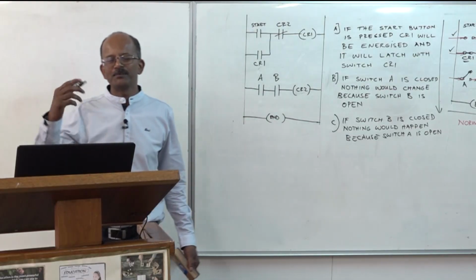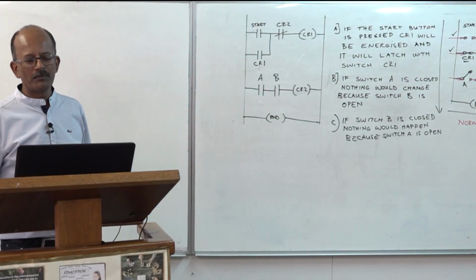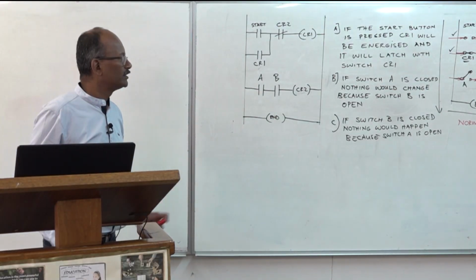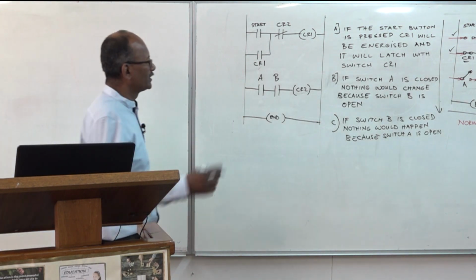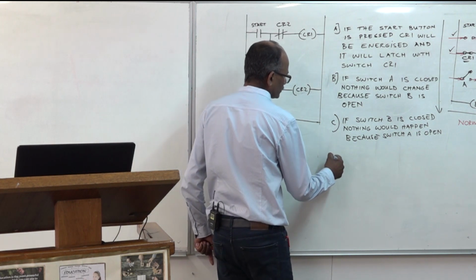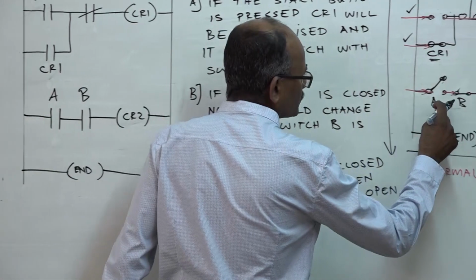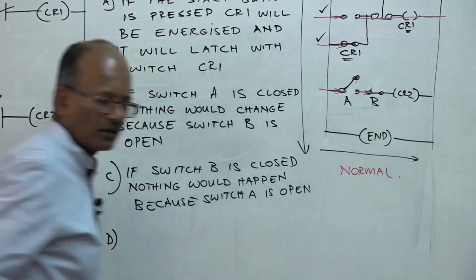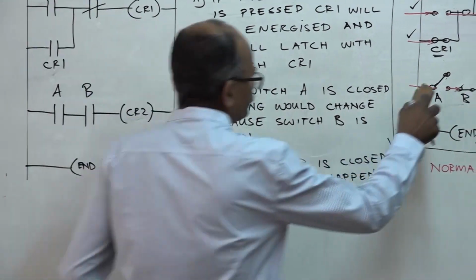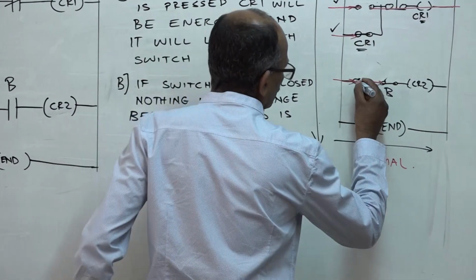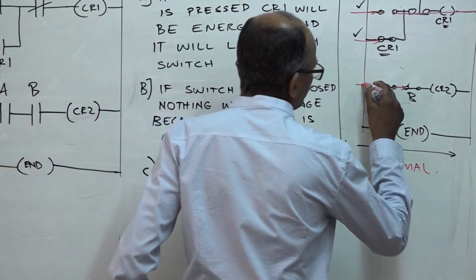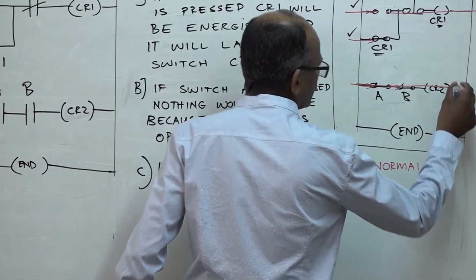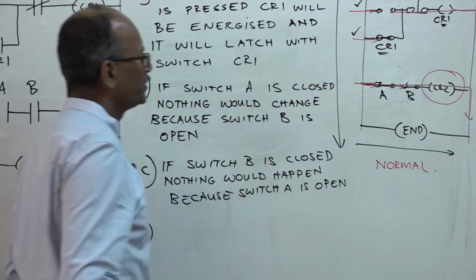Okay, and then this actually brings us back to, remember we discussed the AND function. In order for something to work, both A and B have to be energized, and that would be the last option. Okay, if I now close both A and B, you will find that now I will have current flow from my live to my neutral, and CR2 will be energized.